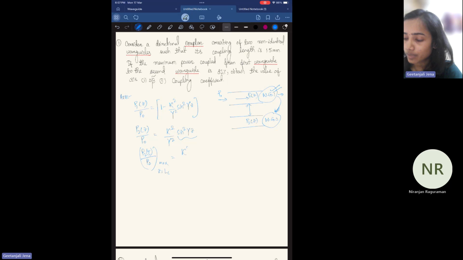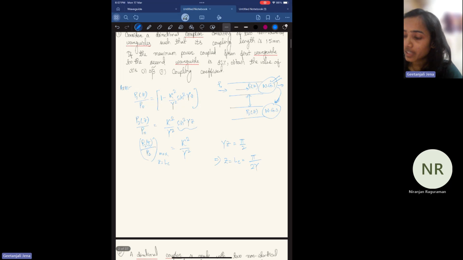That means P2(z)/P0 is kappa squared over gamma squared. This can only occur when gamma z, the angle, is pi by 2. So the coupling length for a non-identical fiber is pi over 2 gamma. For an identical waveguide, gamma is simply replaced by kappa. So let's see what we have now.